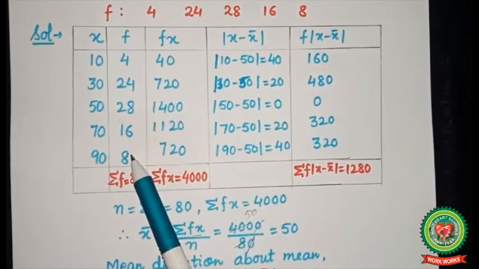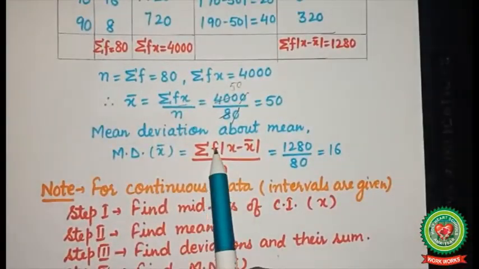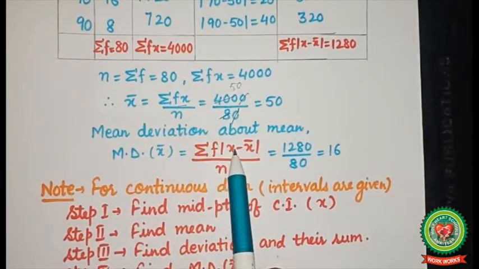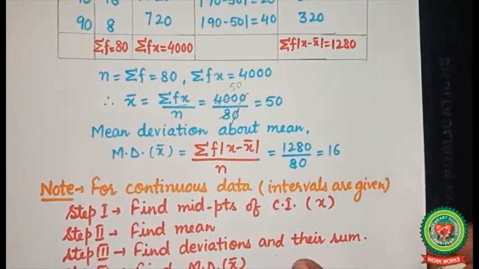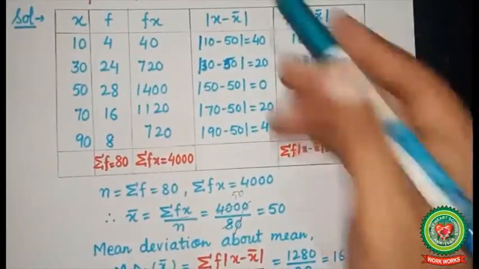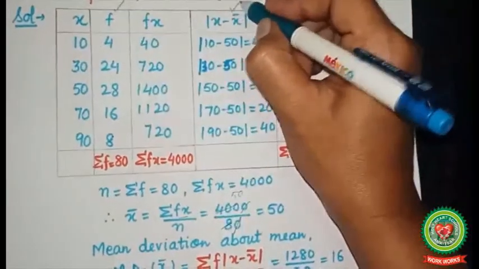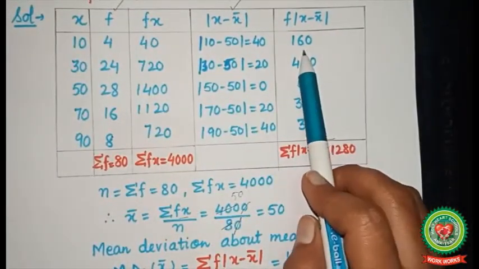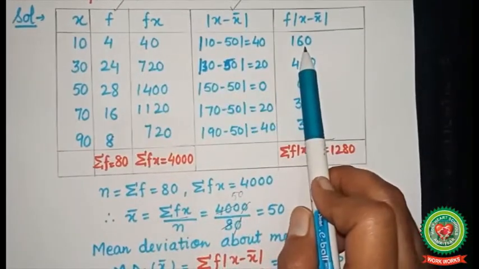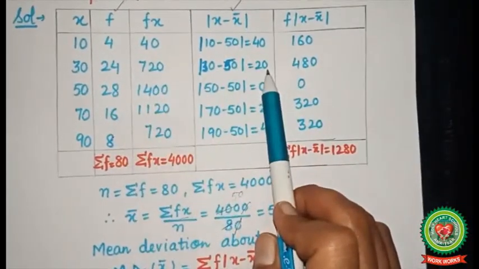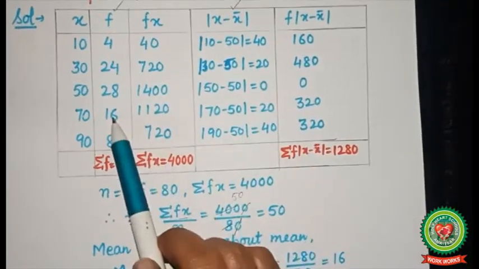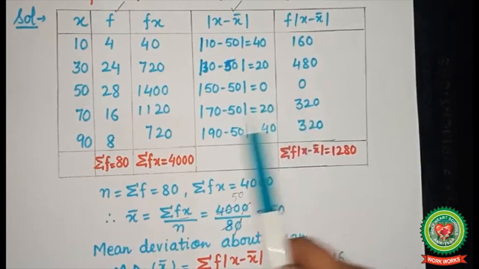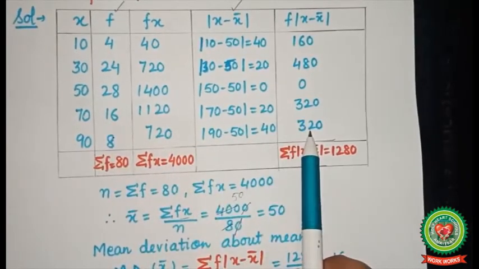Here the frequency is given. According to the formula of mean deviation, that is f multiplied with the absolute value of x minus x bar, we have to multiply with f also. So when you multiply f with |x minus x bar|, we get the first value as 4 into 40 is 160, 24 into 20 is 480, 28 into 0 is 0, 16 into 20 is 320, and 8 into 40 is 320.